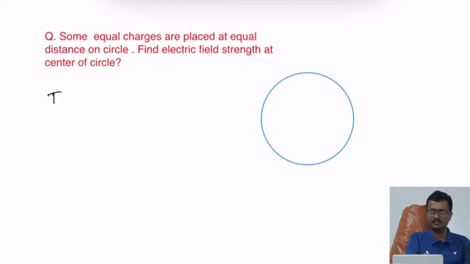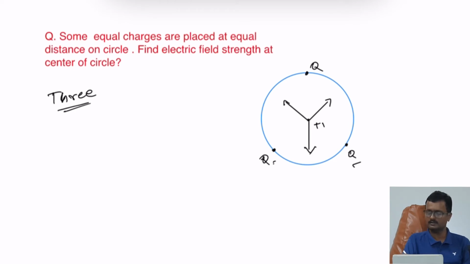Suppose we take three charges, all having the same charge. At the center is a unit positive charge; Q repels along this direction, this Q repels along this direction, and this Q repels along this direction, and the angles between these vectors are the same, so assume the angle is x.